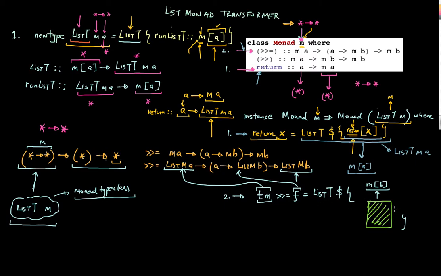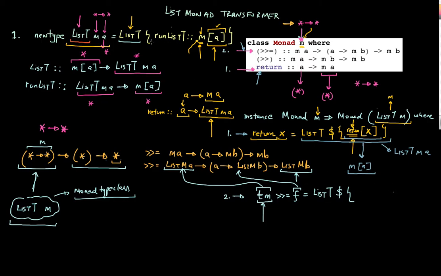Let me just erase these things out again. Now let's think about how I'm going to provide the implementation in that green box. The first thing I have here is this value tm, which happens to be of type list tma.